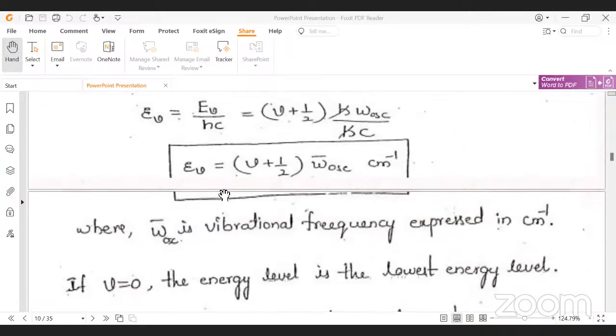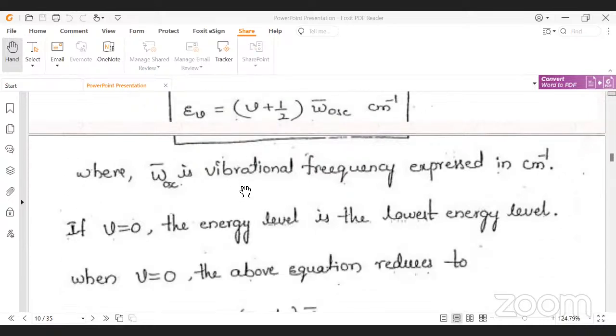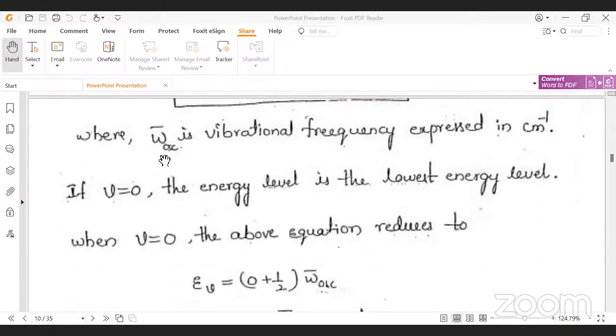When v equals 0, the ground state of the vibrational energy, the energy is 1 by 2 ω bar hc, where ω bar oscillation is the vibration frequency expressed in centimeters.